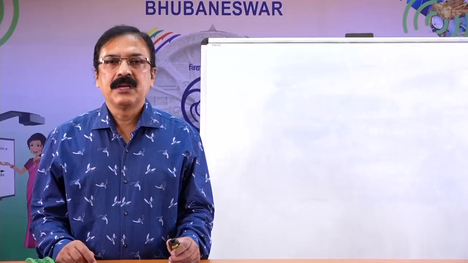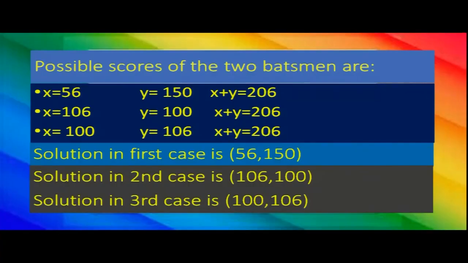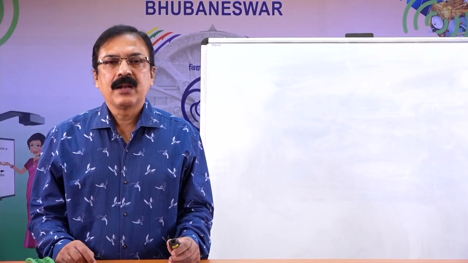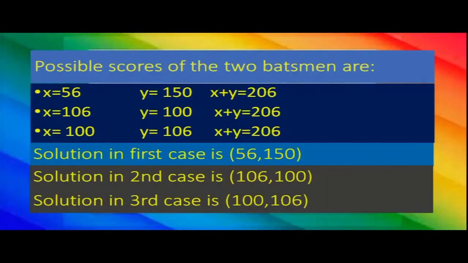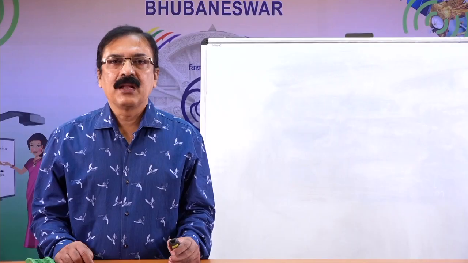Carefully see the representation of the solutions: (56, 150), (106, 100), (100, 106). For the last two cases, we have the same values, just the position is changed, and that also satisfies the equation. Is it true for every equation?